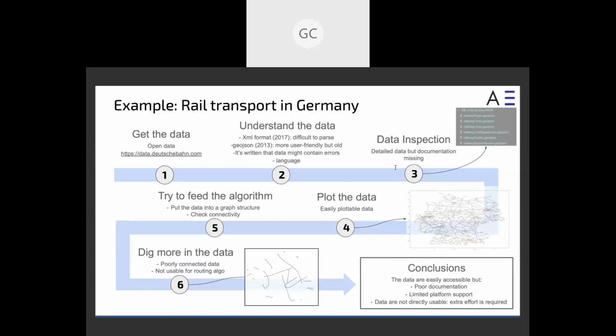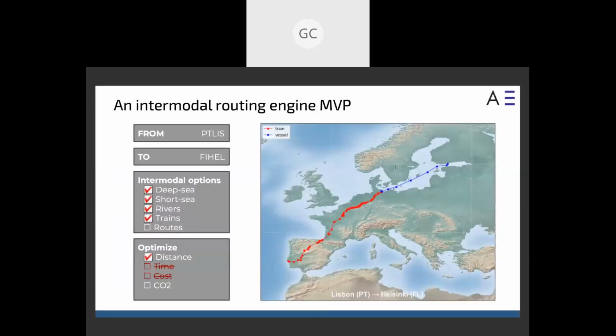Digging a bit more into the data set in step 6, you can see that we have a lot of data, but it's often poorly connected, which means that some segments we cannot go through, and that might prove problematic if we look at the whole picture of the path finding. So all in all, there is a lot of data, it's accessible, documentation is limited, which makes it a bit tougher to get to the point of having a graph that we can apply our algorithms to.